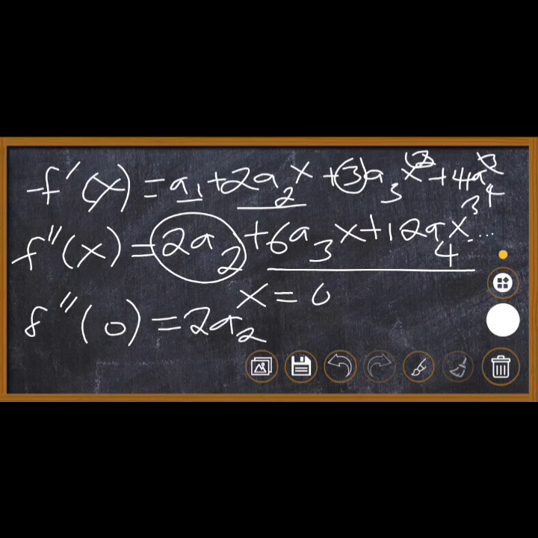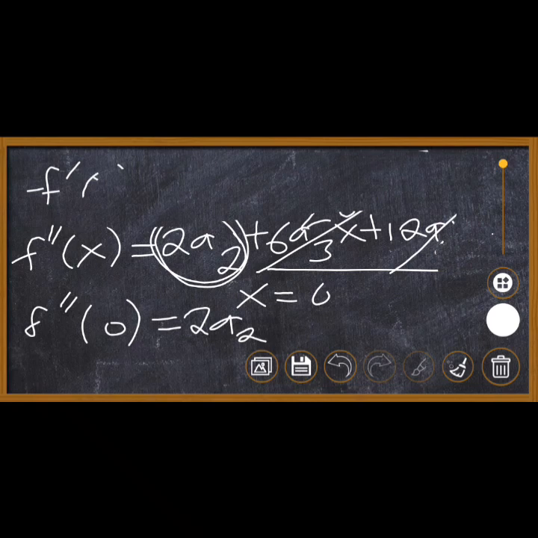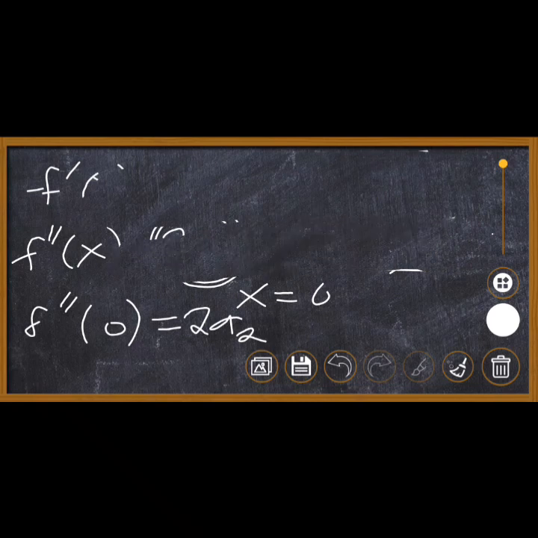Where there is x, when we replace it with 0 and multiply 0 with these values, it's going to be 0, so we can cancel out. And even here, when you replace x with 0 and multiply with 12a4, it's going to cancel out. So in this case, we are just going to remain with 2a2.